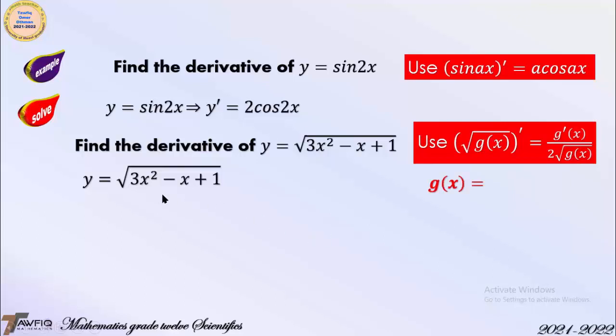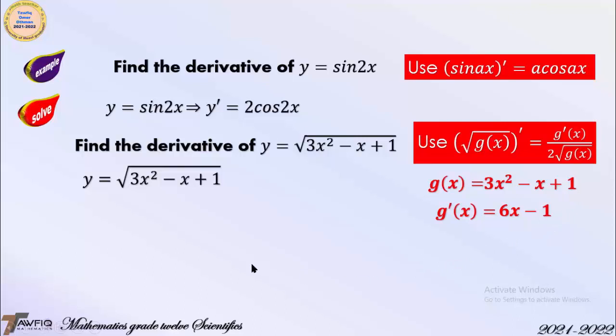Here, in this example, 3x squared minus x plus 1 is g of x. Now take the derivative of g of x, which is g prime of x. The derivative of 3x squared is 6x. The derivative of x is 1, minus 1. The derivative of 1 is gone.